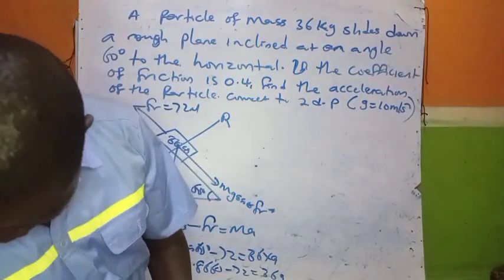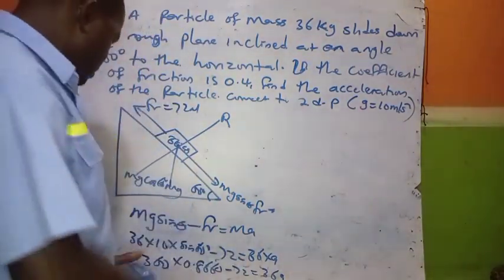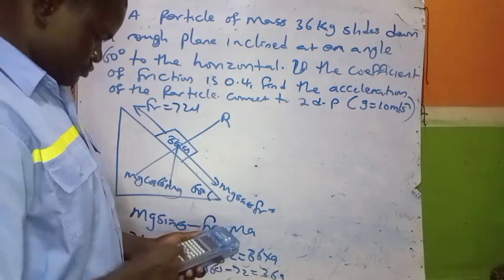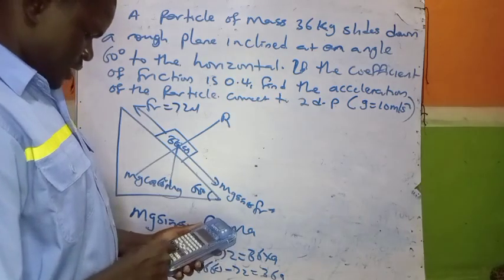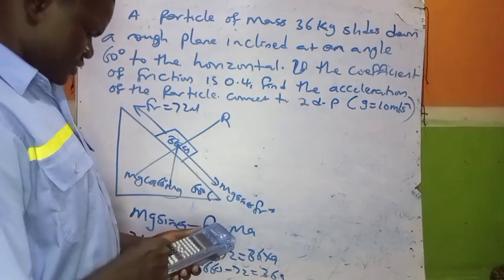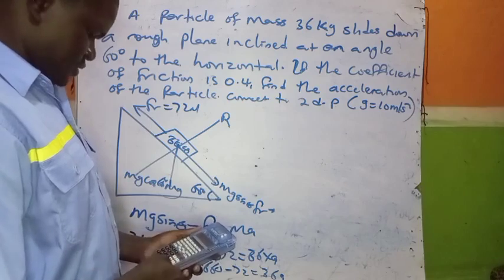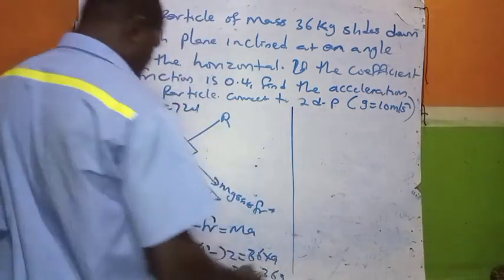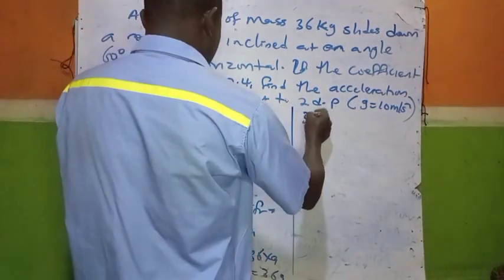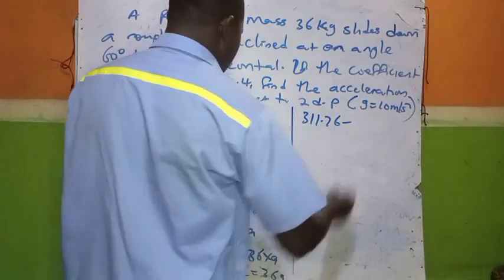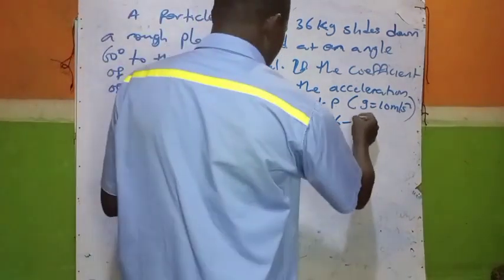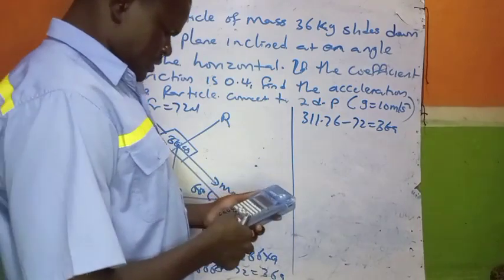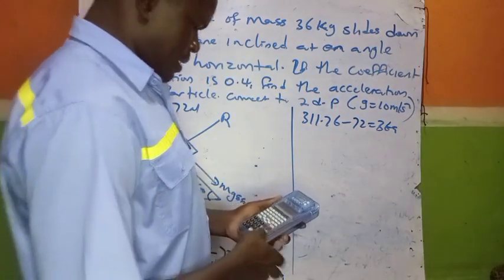Here you have 360 multiplied by 0.866, which is 311.76, minus 72, equal to 36A.